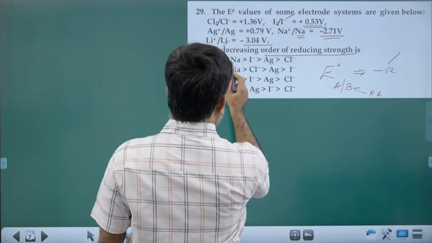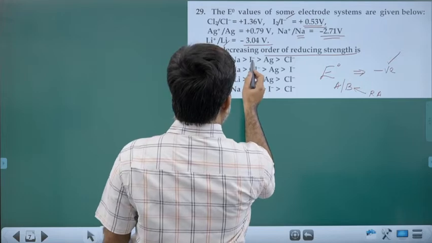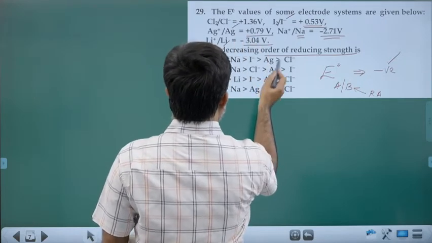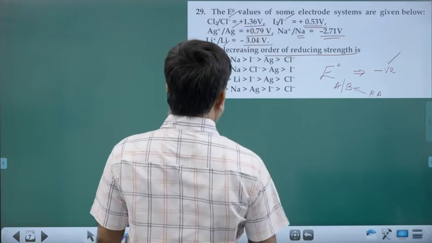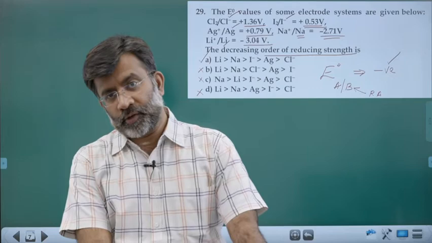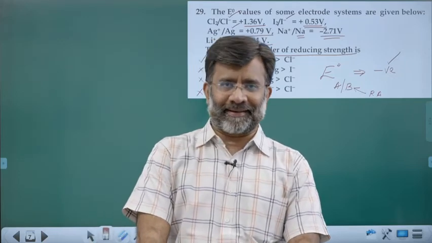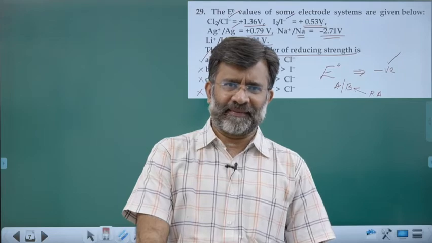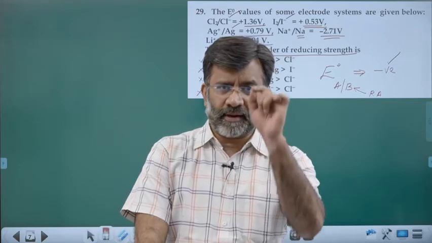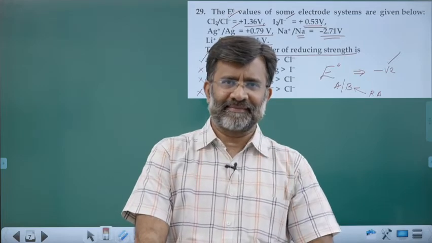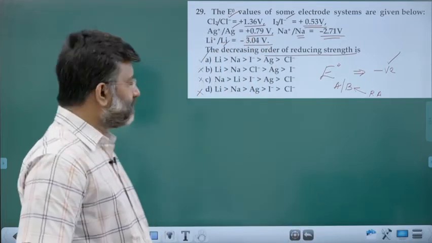Lithium, sodium, I minus. The next value will be silver, 0.79, and this is the last one, Cl minus. Option A is the correct answer. I'm sure you might have seen this question in the NCERT. It's a solved question from the NCERT, and such questions are coming in the actual entrance examination even this year. Right? Next.